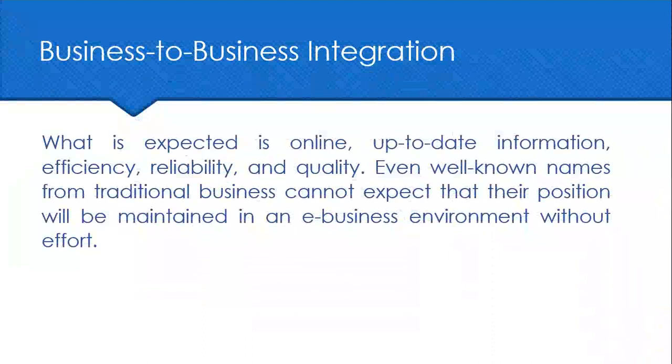So what is expected is online, up-to-date information, efficiency, reliability, and quality. So even well-known names from traditional business cannot expect that their position will be maintained in an electronic business environment without the effort in business-to-business integration.